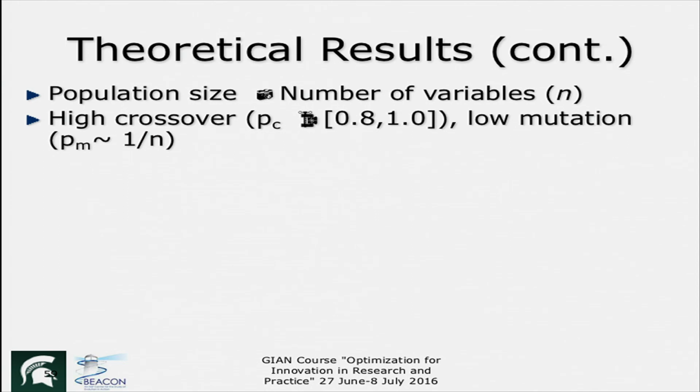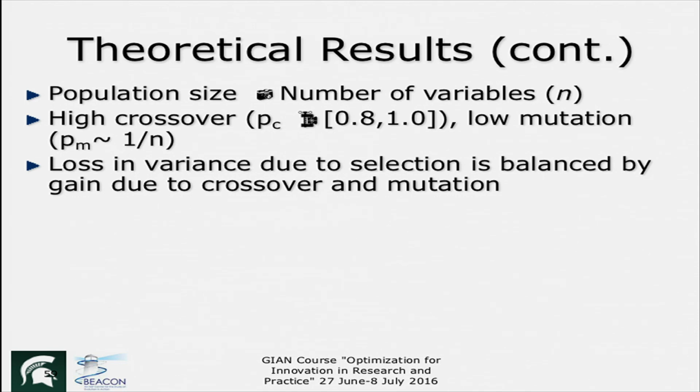As I said to some of you, I always use around 0.9. And low mutation probability; usually mutation should not be done with too much aggressiveness. 1 over n, where n is the number of variables, is a good idea. One variable per solution you may want to mutate. So 1 bit per whole string you may want to mutate. So it is 1 over n or 1 over L.